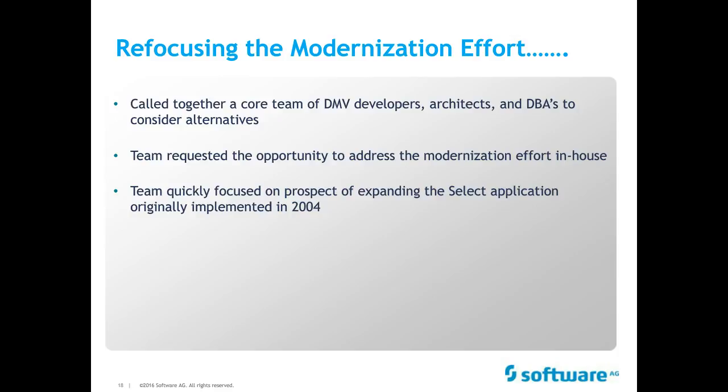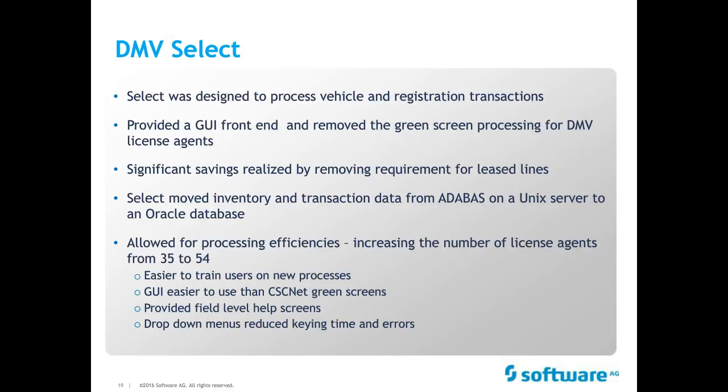One of the things they quickly focused on was a front-end application that they had worked on and implemented in 2004. It was actually the Select application, is what they named it. The DMV Select was designed to process vehicle and registration transactions. There's no driver's license information in there.